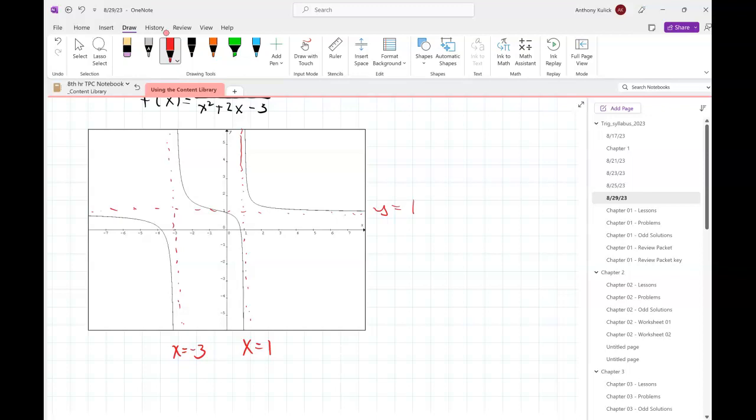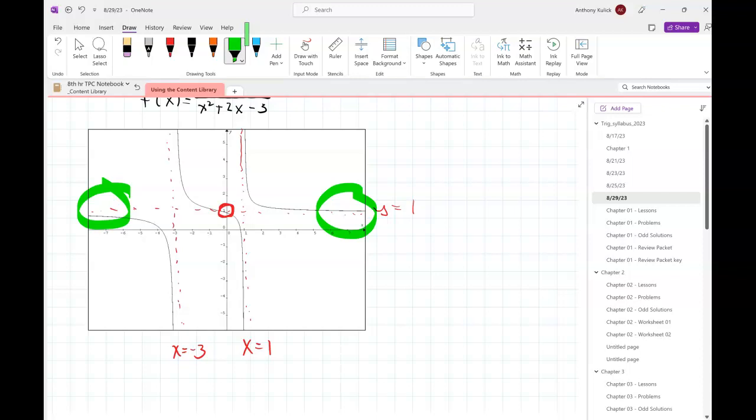Now I want to point out to you, again, notice that the graph is definitely crossing the line y equals 1 here in the middle. We still refer to these as asymptotes, even if that's happening, because what I care about is that it's having that getting close to but not crossing behavior at the ends. Okay, I don't care what happened in the middle.